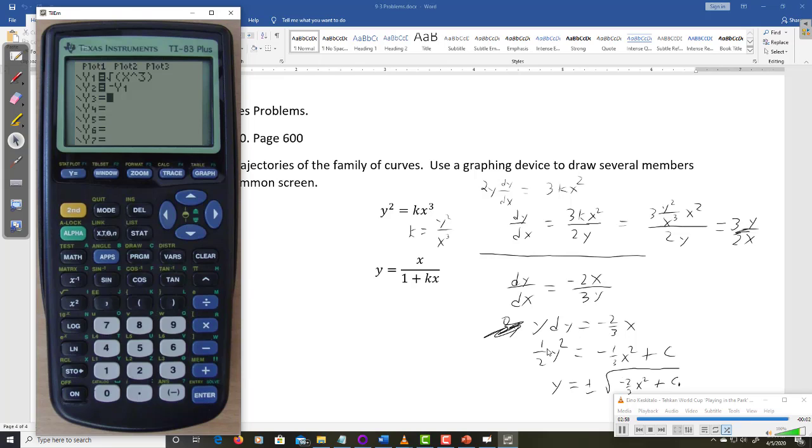And let's do it with c equal 1. So the square root of negative 2/3 x squared, plus 3. That's 4 for now. Let's see what that looks like.